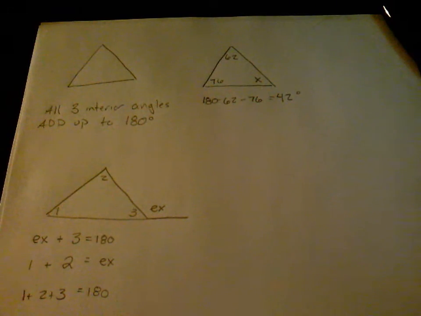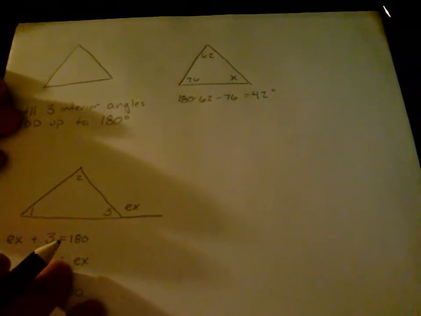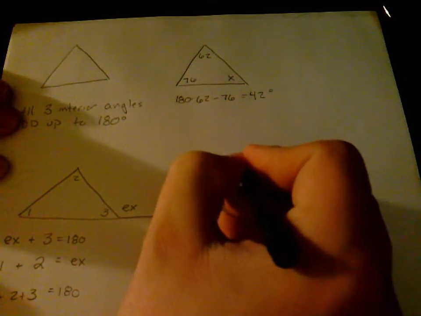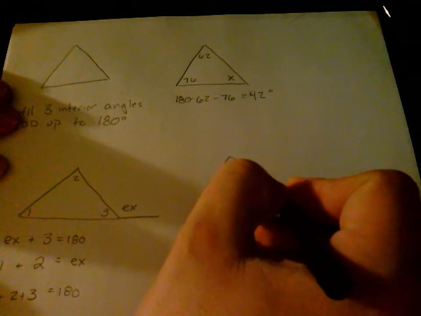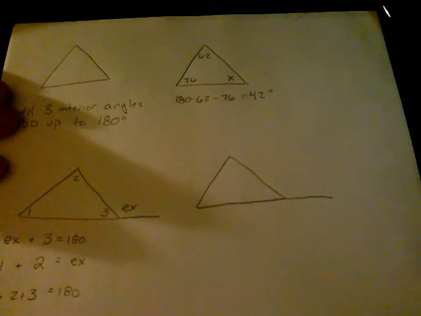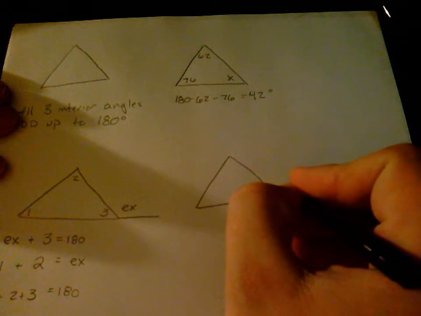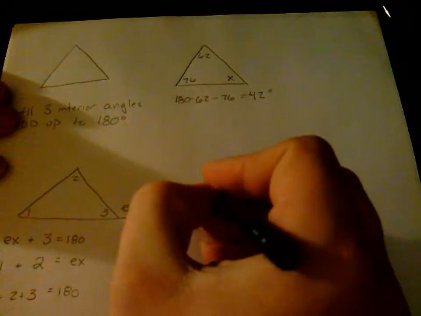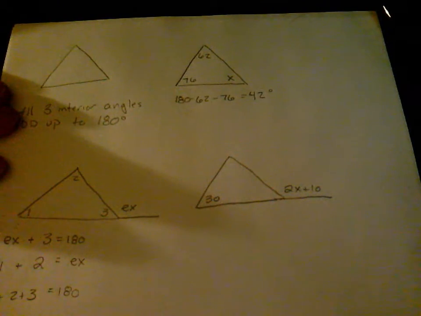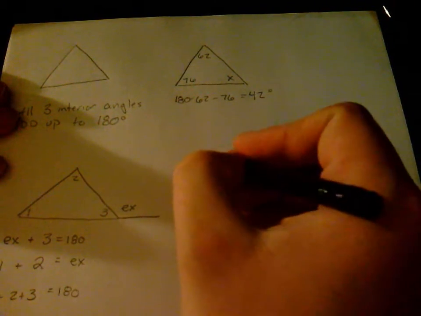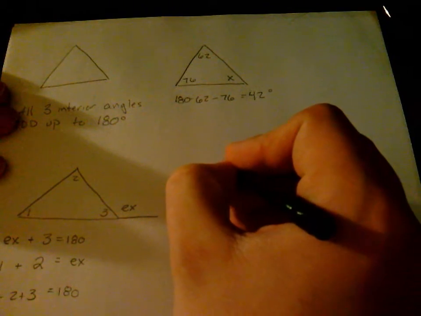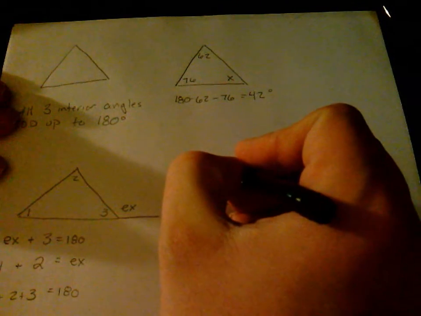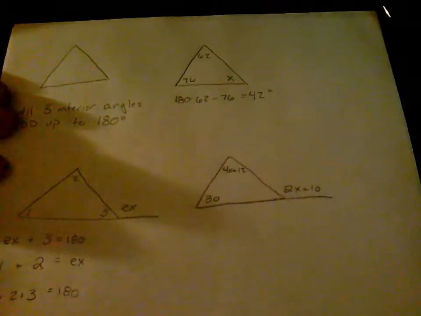So if you're given something like a triangle with an exterior angle, let's say you have 2x plus 10 here, 30 right here, and then you have 4x plus 12.